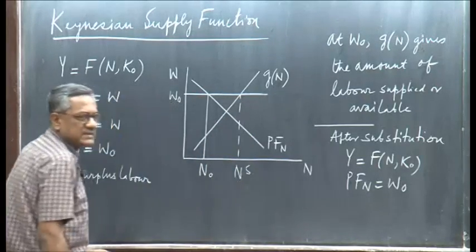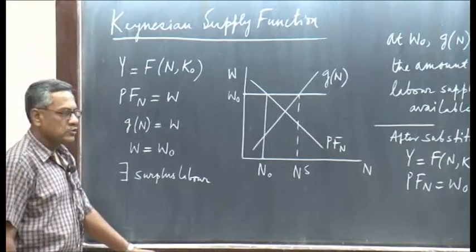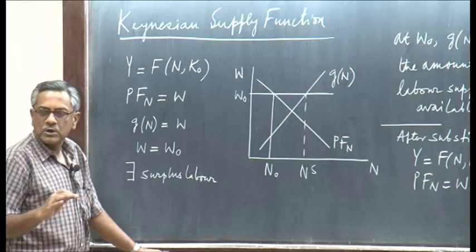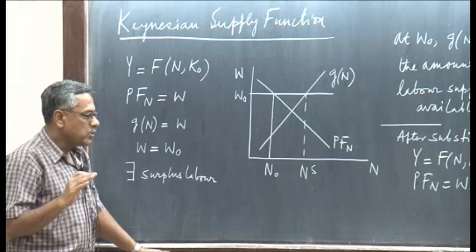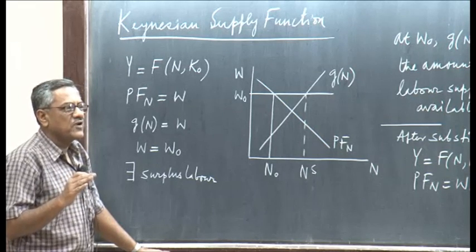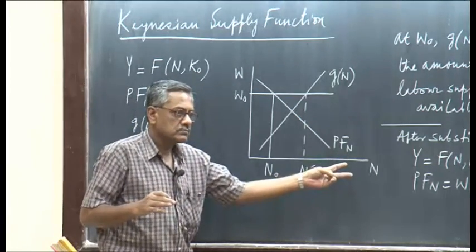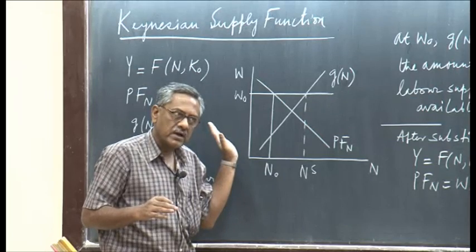You can call that Ns at W is equal to W naught. So the equations of the Keynesian supply function now reduce to only two equations. The rest are not important anymore once you know what they are.